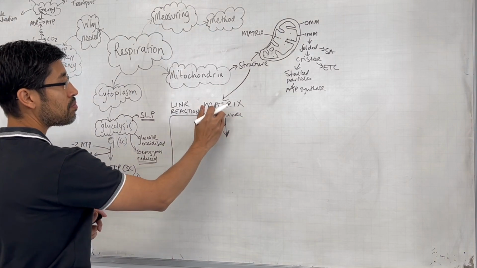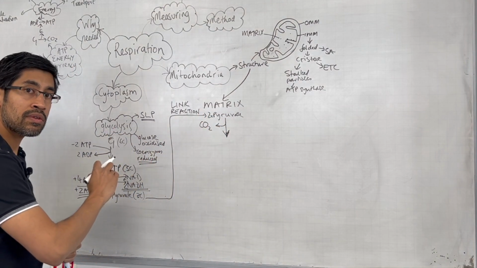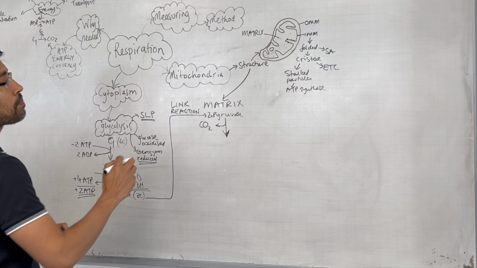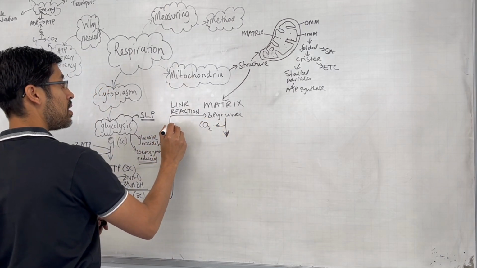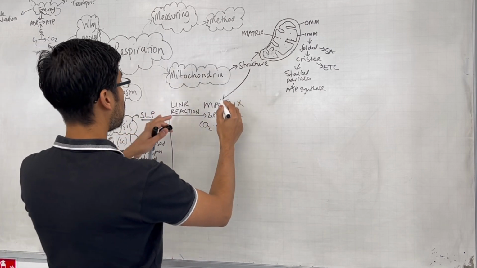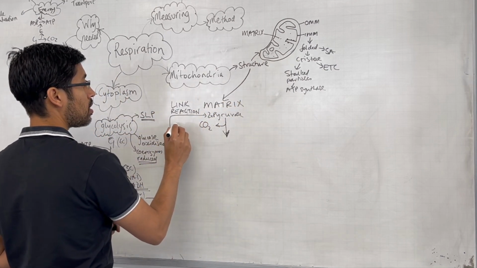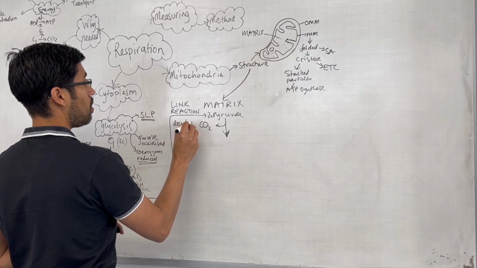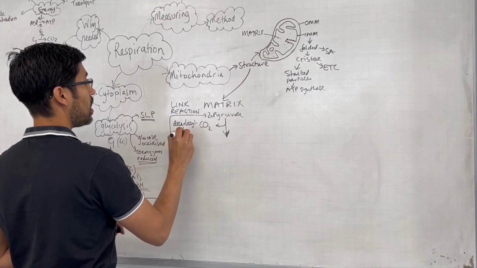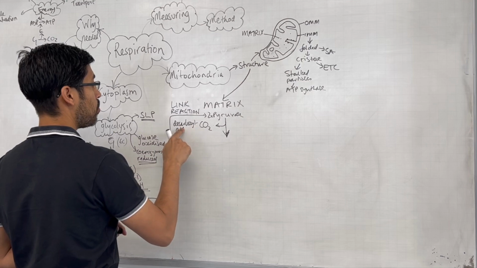Remember, 2 pyruvates would mean we lose 2 carbons as carbon dioxide. So our decarboxylation process begins there. That's an important thing in the link reaction. We have a decarboxylation. So that's important terminology.